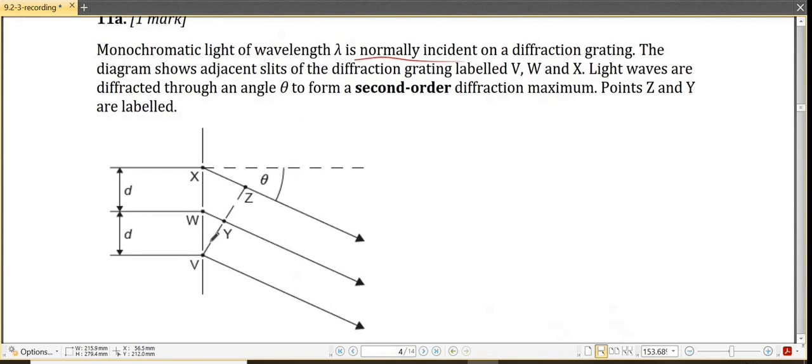Light waves are diffracted through an angle to form a second order diffraction maximum. Points Z and Y are labeled, as we can see.